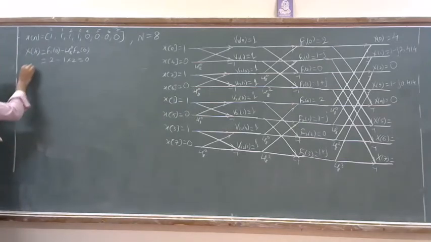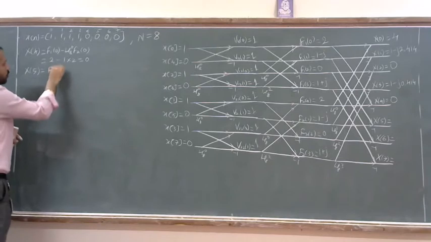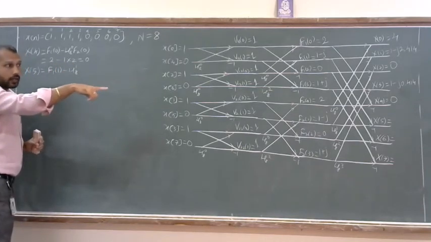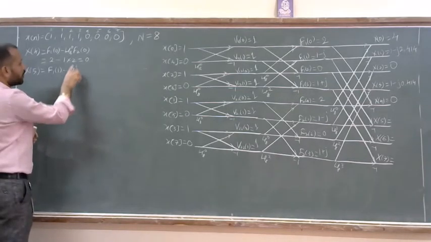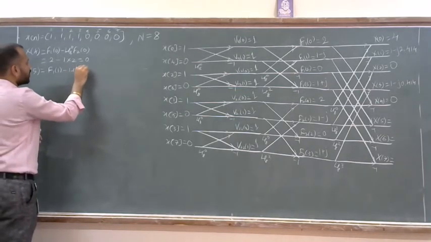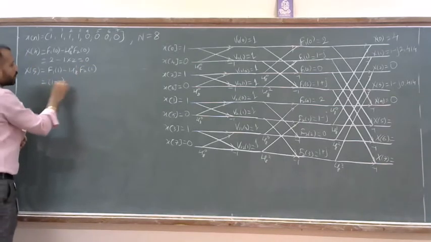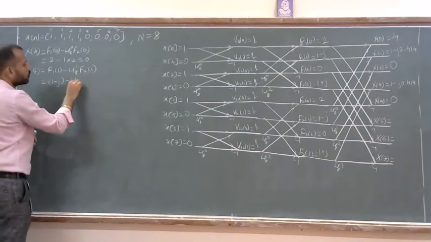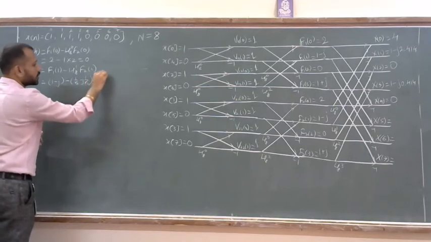Next, x of 5. x of 5 will be f1 of 1 minus W8^1 multiplied by f2 of 1, because it is the second bottom point in the second butterfly operation. f1 of 1 is 1 minus j, minus W8^1, which is 1 by root 2 minus j 1 by root 2, multiplied by 1 minus j.